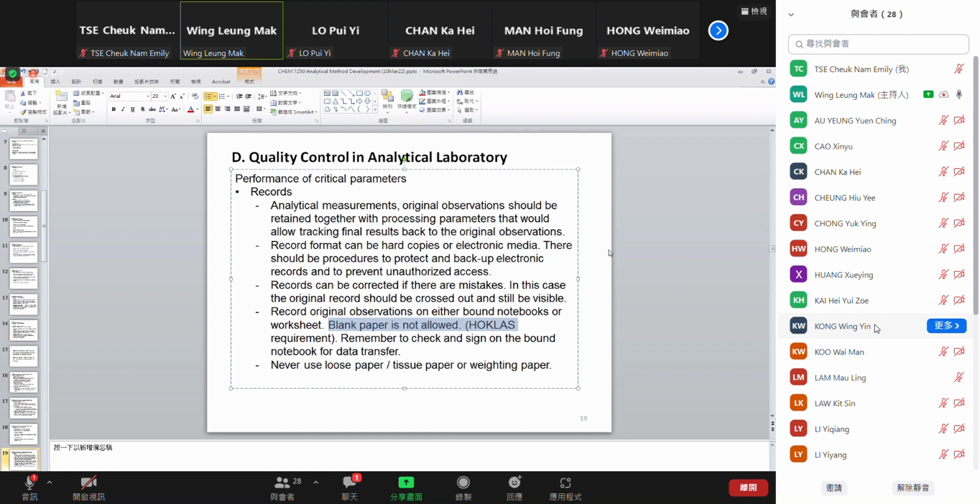It should be approved before use. So when doing the assessments, the worksheet should be an approved document with a template. You cannot change it every day when you are doing the analysis, okay? Newspaper or tissue paper, of course, cannot be used.